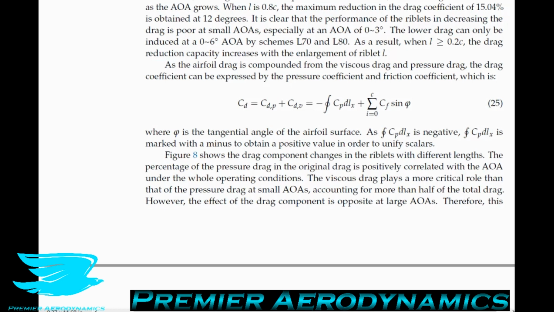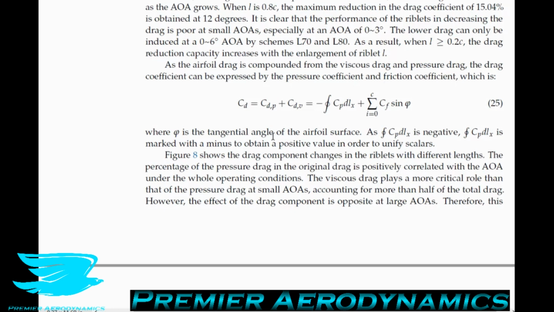In layman's terms, this means that you're just integrating the pressure over the airfoil and multiplying it by the projected area in the x direction, so the free stream direction. That's the drag direction. The viscous drag or the friction drag equals the summation or the integration of the friction coefficient on the surface, again in the x direction.